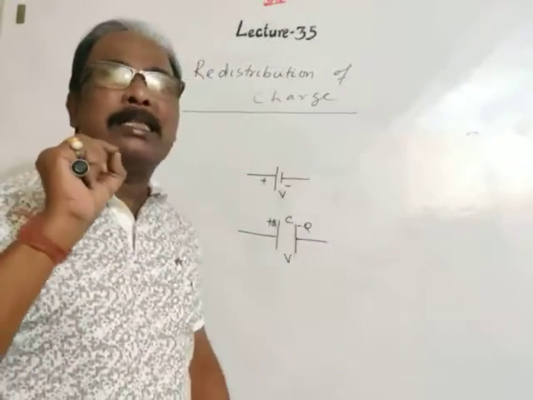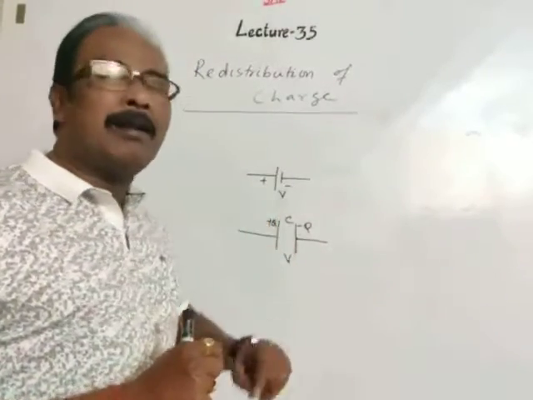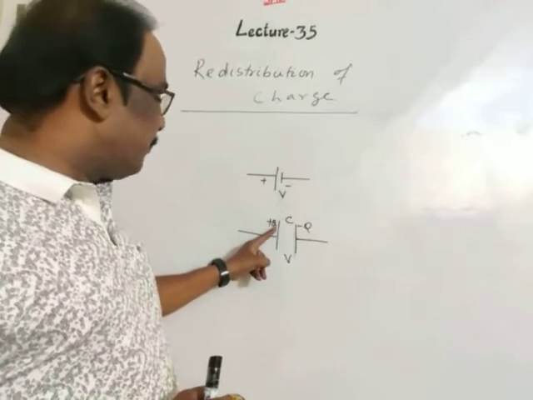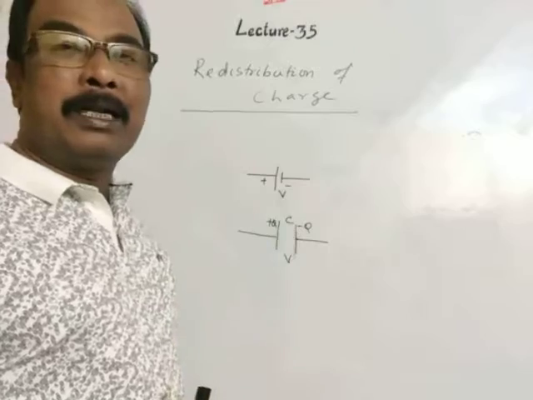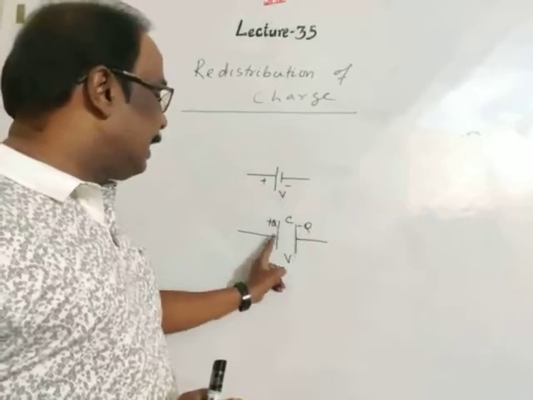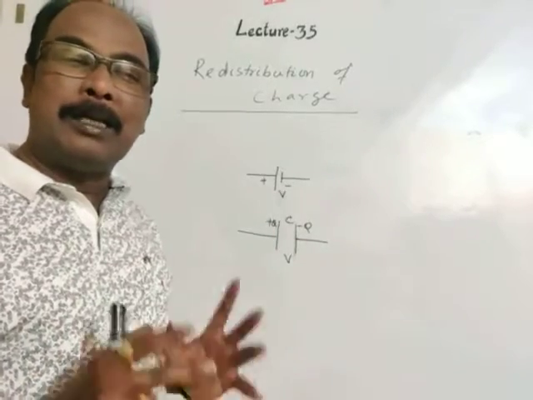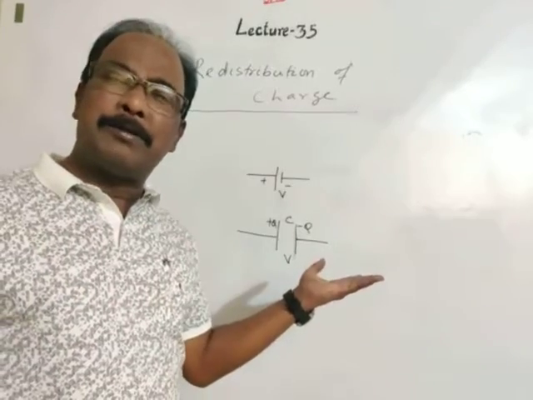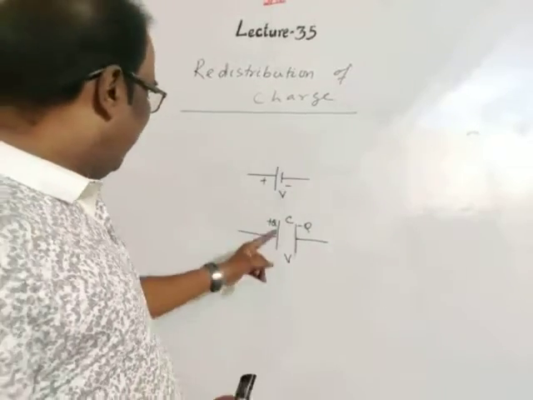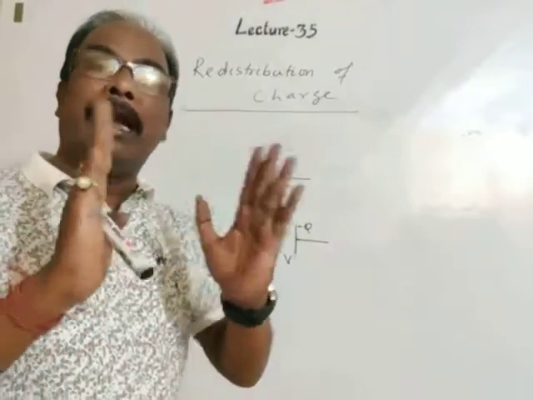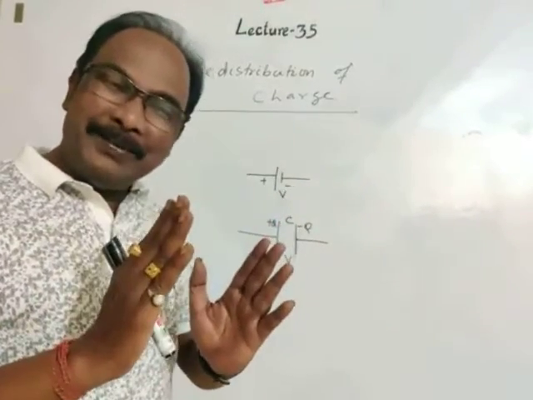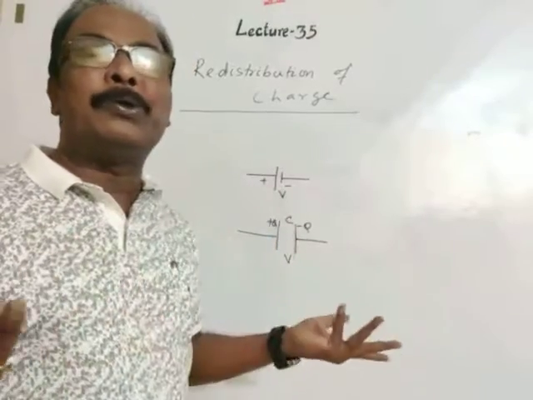Similarly, if we take a charged capacitor, the charge given to this plate is plus Q and the induced charge on the second plate is minus Q. So this is at high potential and this is at low potential. The potential difference between the plates of the capacitor is V. When the capacitor is charged, it stores electric energy. A battery has energy, and a charged capacitor also has energy.